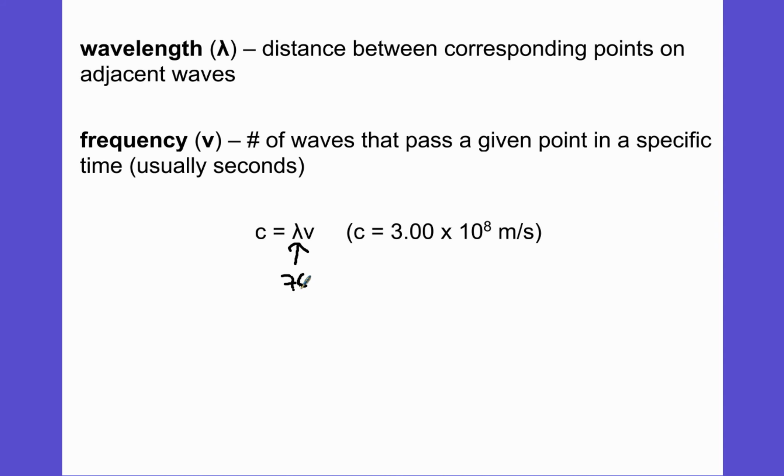In order to figure out the frequency of this light, whose wavelength is 700 nanometers, I have to take the speed of light, which is 3 times 10 to the 8th meters.